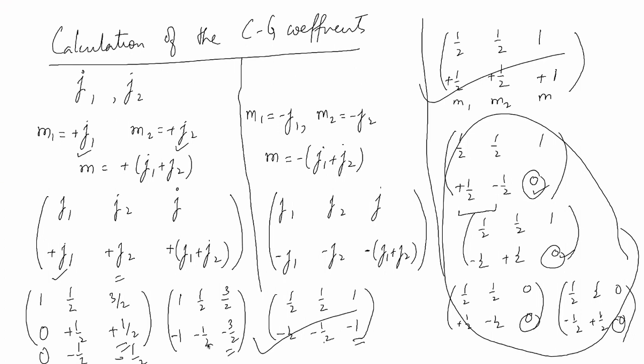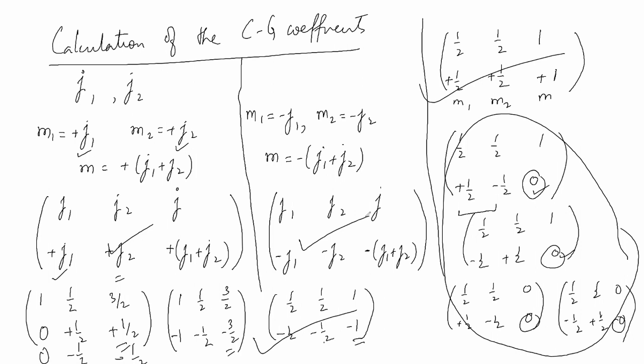Therefore, the example which I am taking is the extremum case, where J1 has the projection plus J1, J2 has the projection plus J2, or J1 has the projection minus J1, and J2 has the projection minus J2.